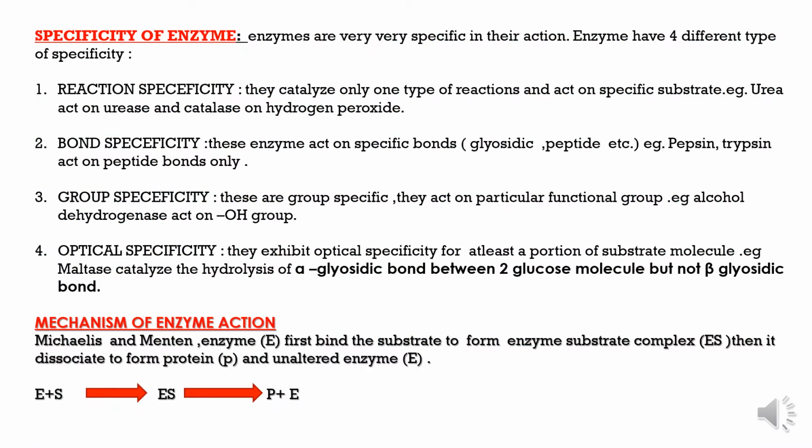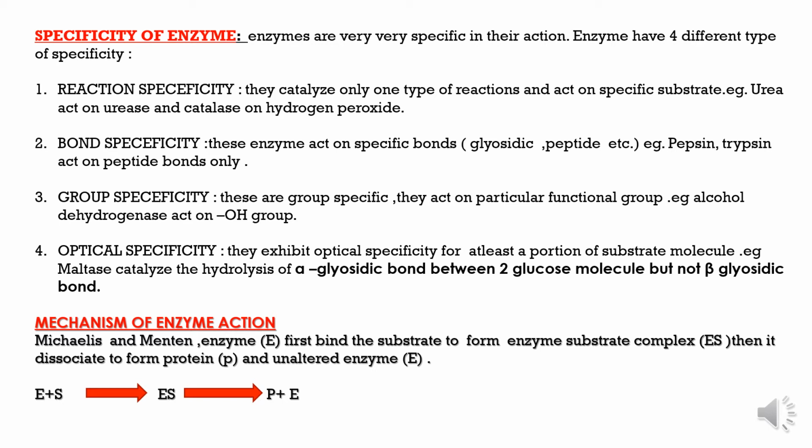Specificity of enzyme. Enzymes are very specific in their action. Enzymes have four types of specificity. One, reaction specificity. They catalyze only one type of reaction and act on specific substrate. Example, urease acts on urea, and catalase acts on hydrogen peroxide. Bond specificity. These enzymes act on specific bonds, glycosidic or peptide bonds. Example, pepsin and trypsin act on peptide bonds only.